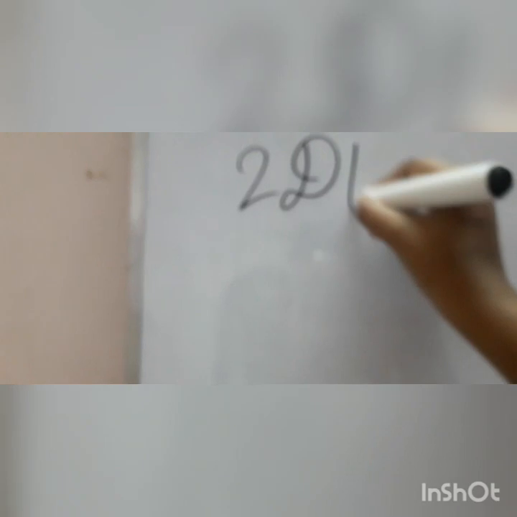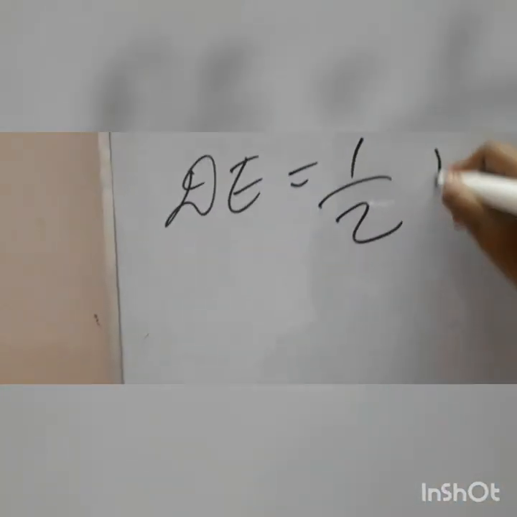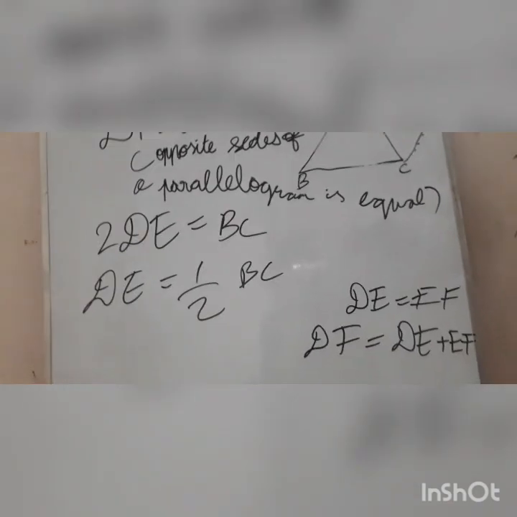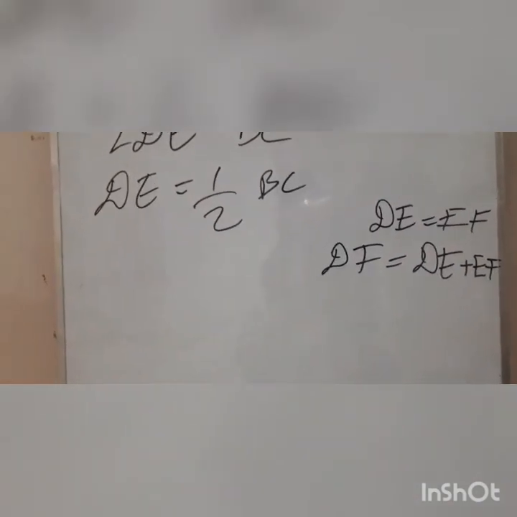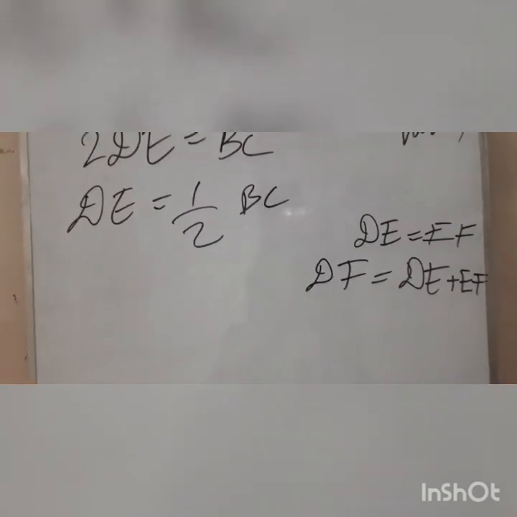So 2DE is equal to BC. So that means we can simply prove that DE is equal to half of BC. That's all. We proved that DE is parallel to BC and DE is equal to half of BC.